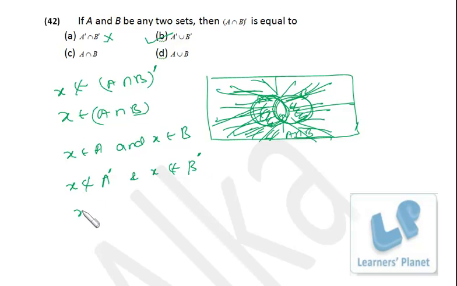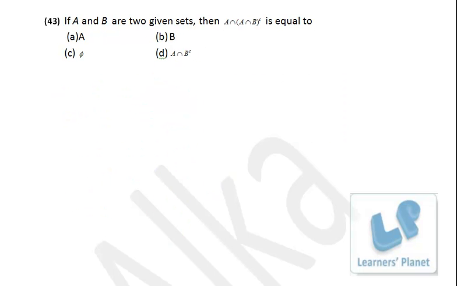So X doesn't belong to A dash union B dash, right? So X doesn't belong to A intersection B dash and X doesn't belong to A dash union B dash, right? So we can get the same answer, that is A dash union B dash. Okay.